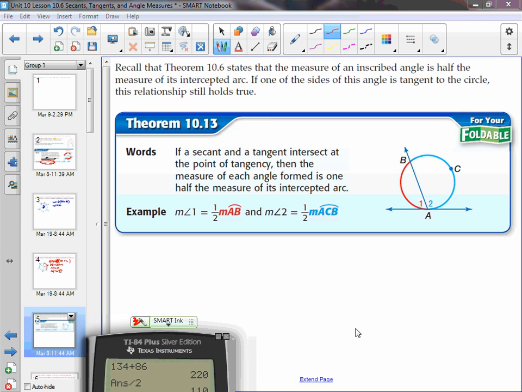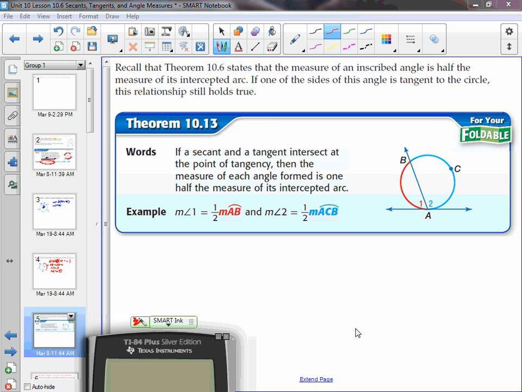Here's what it's saying. If a secant and a tangent intersect at the point of tangency, then two angles are formed. Look at the figure. Angle 1 and angle 2 are formed when that secant line, line AB, intersects that tangent line, which they didn't give us a name for, at the point of tangency. Then the measure of each angle formed is 1/2 the measure of its intercepted arc.